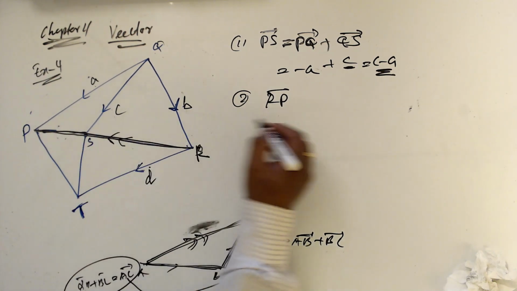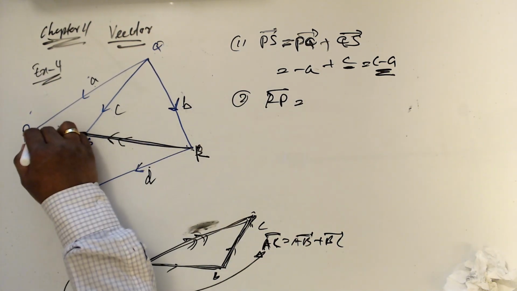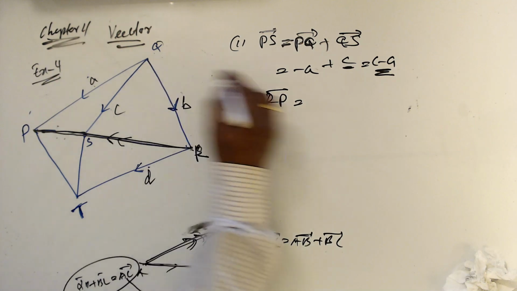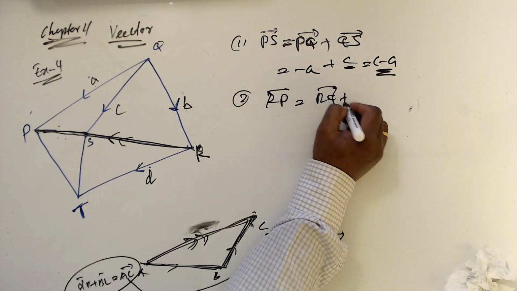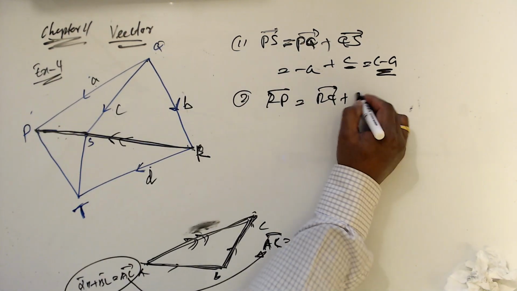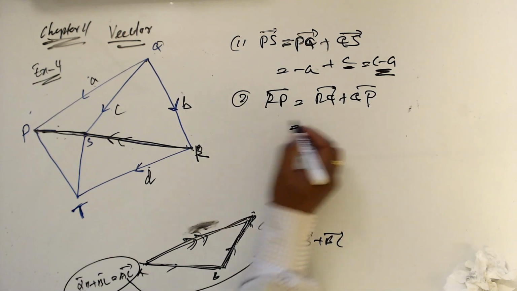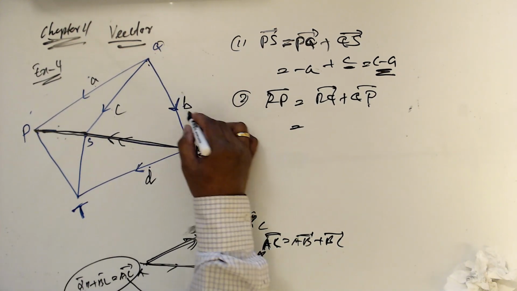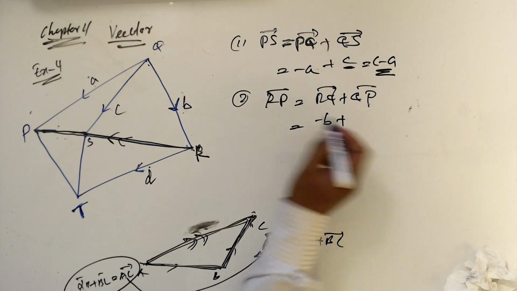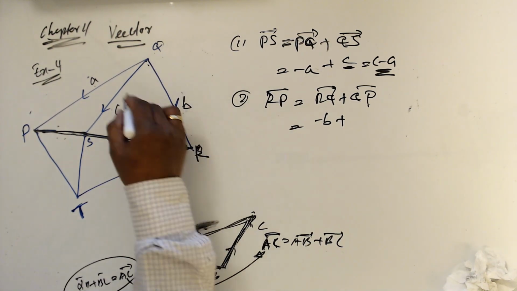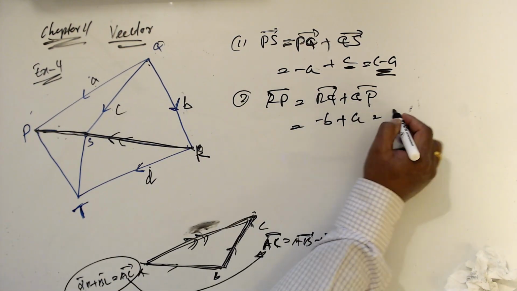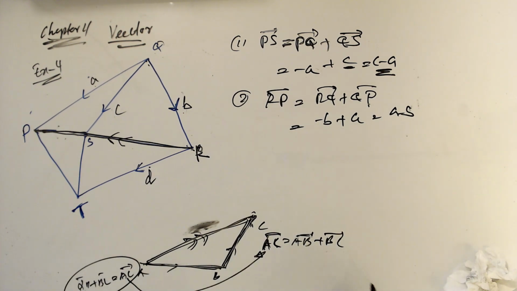Now RP means RQ plus QP. So RQ means minus B. QP means A. So it is A minus B. Now I know RP as well.